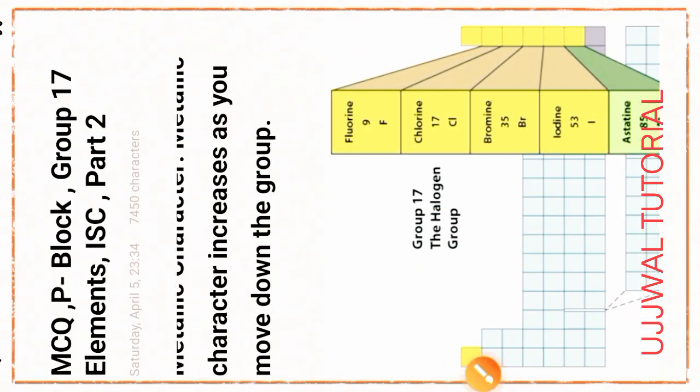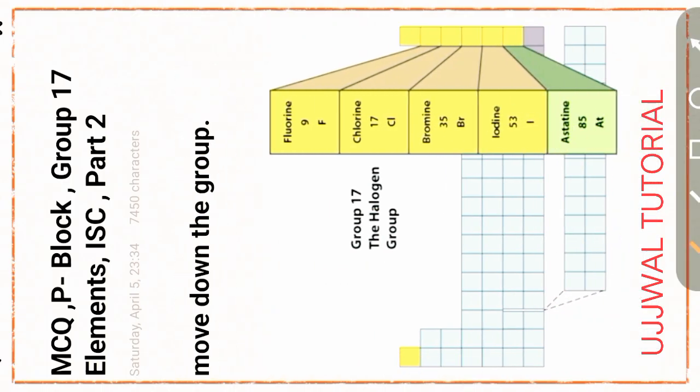Fluorine atomic number 9, plus 8 gives chlorine 17, 17 plus 18 gives bromine 35, 35 plus 18 gives iodine 53, 53 plus 32 gives astatine 85.